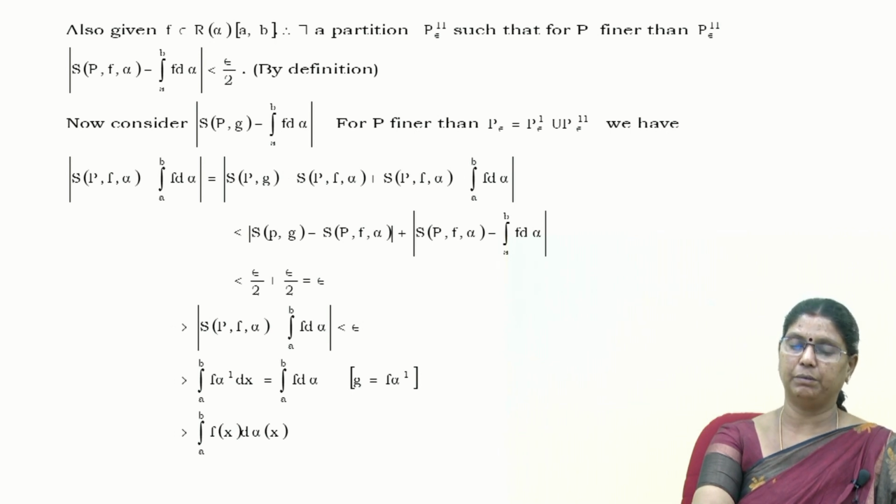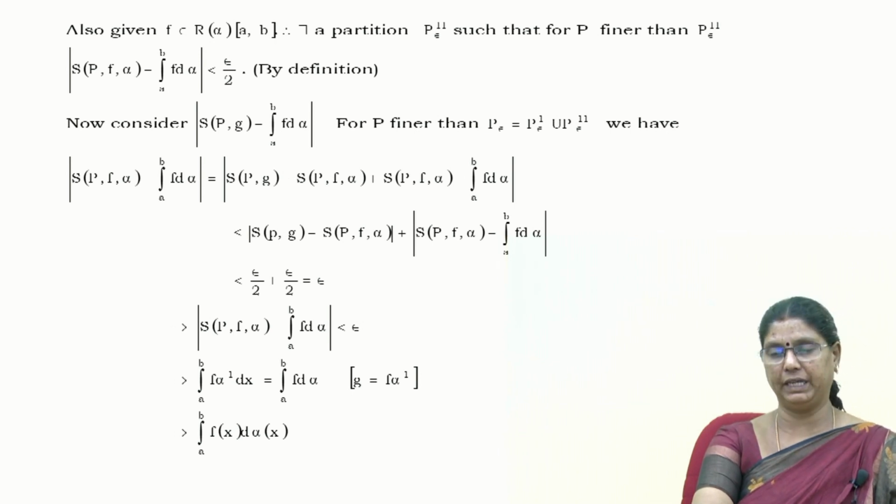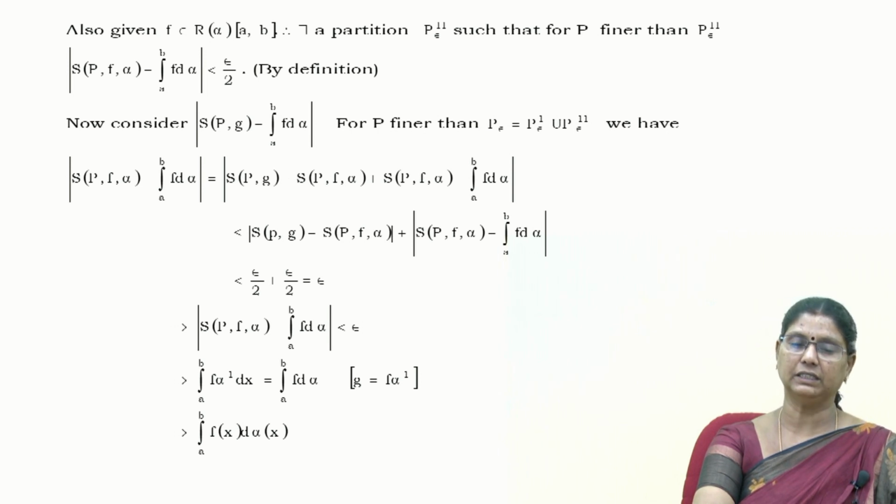Again we consider a partition, say P_epsilon, that is nothing but P_epsilon' union P_epsilon''. We can write modulus of S_P(f, alpha) minus integral from a to b f d alpha is less than epsilon, and hence integral from a to b f d alpha exists, that is integral from a to b f(x) d alpha(x).